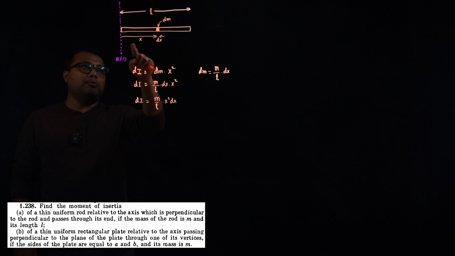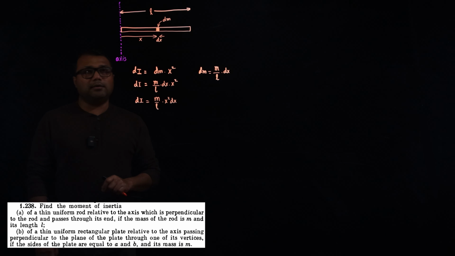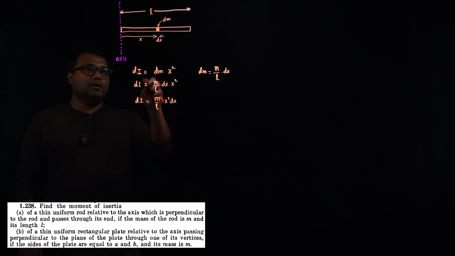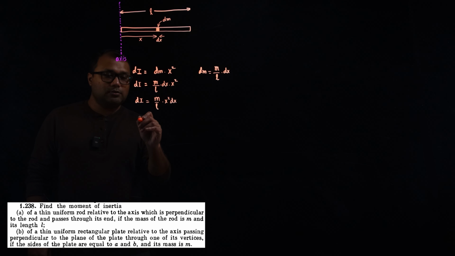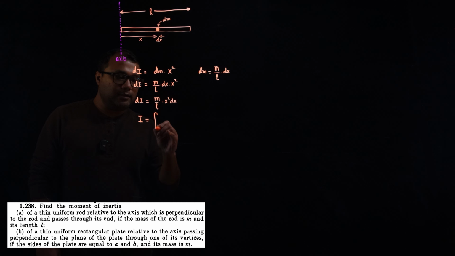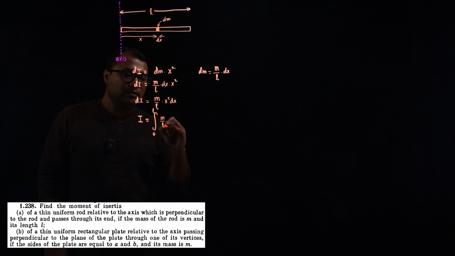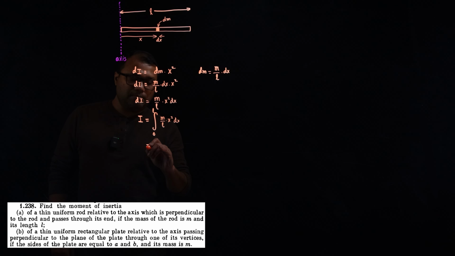Now to find the moment of inertia of the entire length of the rod, we vary x from 0 to L and integrate over the entire length of the rod. So I will be integral x varies from 0 to L m by L x square dx. M by L is a constant, we take it out.